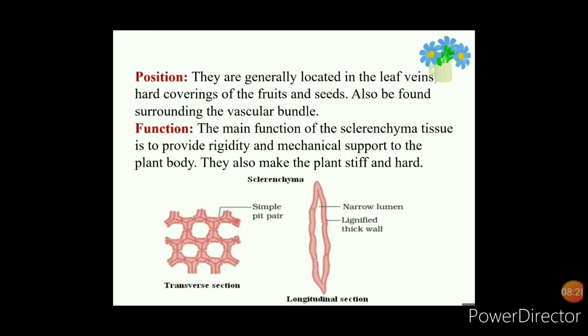They are generally located in the leaf veins, hard coverings of fruits and seeds, and also found around the vascular bundle for protection. The main function of the Sclerenchyma tissue is to provide rigidity and mechanical support to the plant body. They also make the plant stiff and hard.